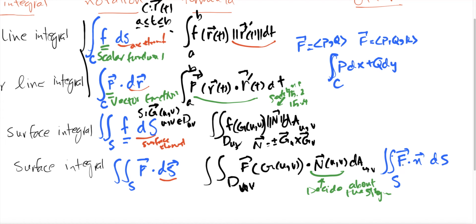That means that you just, instead of dotting F evaluated at G by capital N, you dot it with a lowercase n, and then you take the scalar surface integral. And this is a preferred method if you already know what n, the normal vector, is.